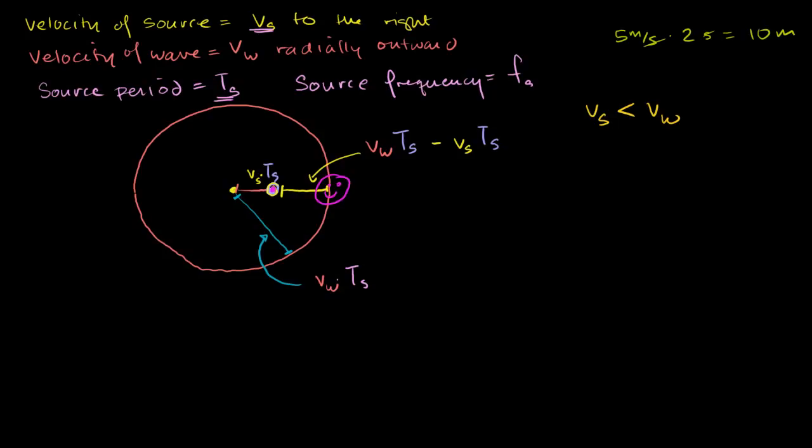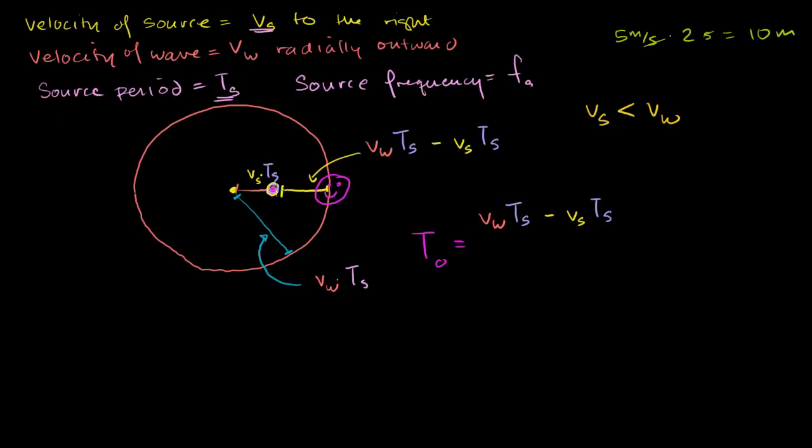So the question I'm asking is, what is the period from the point of view of this observer, right in the direction of the movement of the source? The period from the point of view of the observer is going to be equal to the distance that the next pulse has to travel, which is that business up there. So let me copy and paste that. Let me delete that, it shouldn't look like an equal sign or a negative sign.